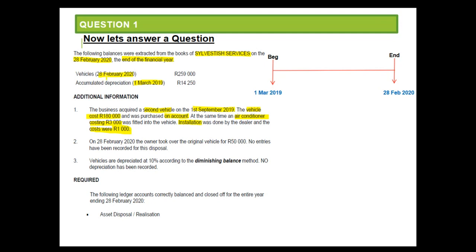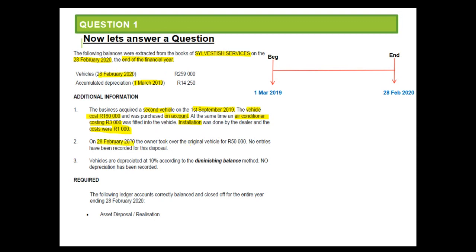So at the moment, my cost of the new asset is 180,000 plus 3,000 plus 1,000, which is 184,000. So this 259,000 here already includes 184,000. Why? Because this amount was given at the beginning. Meaning when I started, the amount was not 259. The amount at the beginning was 259 less 184,000. I hope that it makes sense.